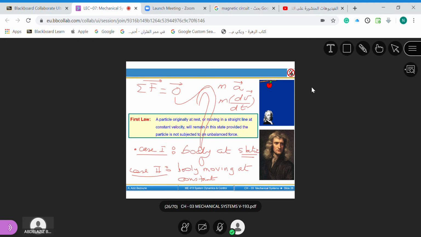Yeah, at constant velocity the acceleration will be zero. So the body is in equilibrium. We call this the first law, or the static law, or the equilibrium law. But you have to remember, we distinguish two cases. Case one, the body is not moving at all, or case two, it is moving at constant velocity.